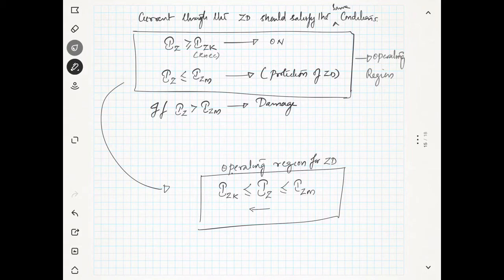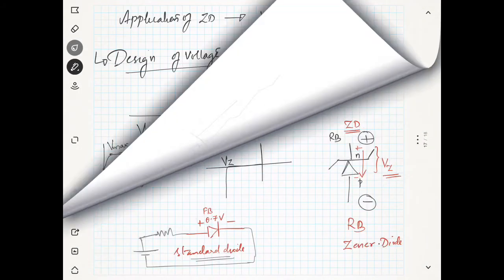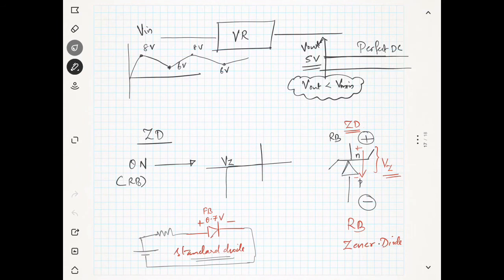So the current should be greater than the knee current. If the current through the Zener diode exceeds the maximum limit, the Zener diode will be damaged. So how do we maintain the current through the Zener diode? By connecting a resistor. So the resistor is very, very important.